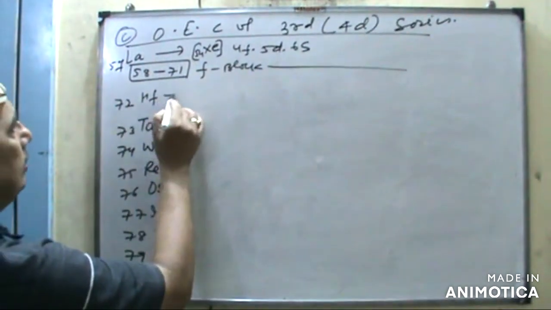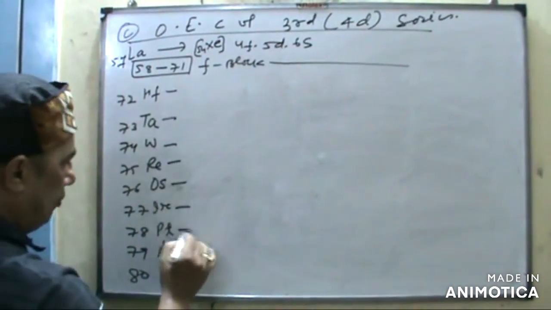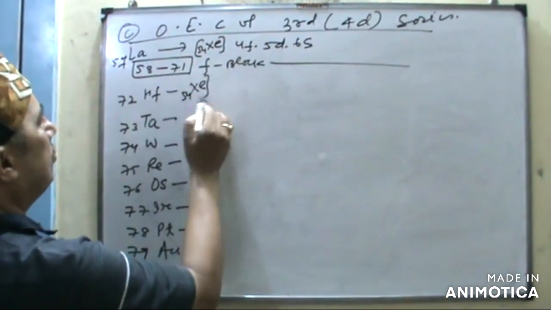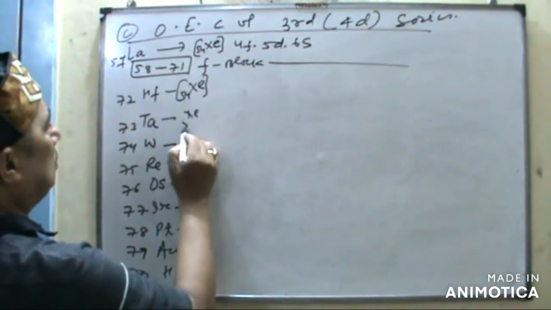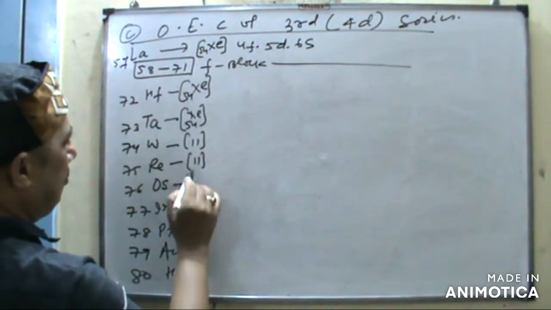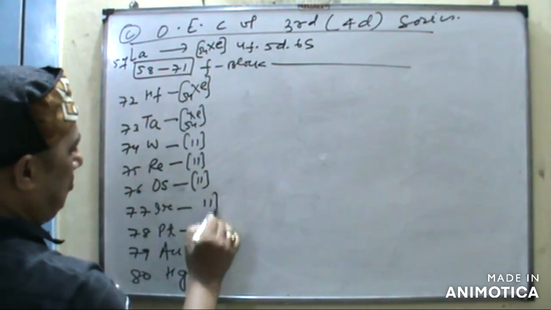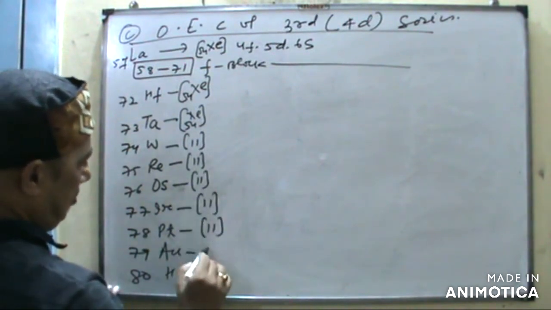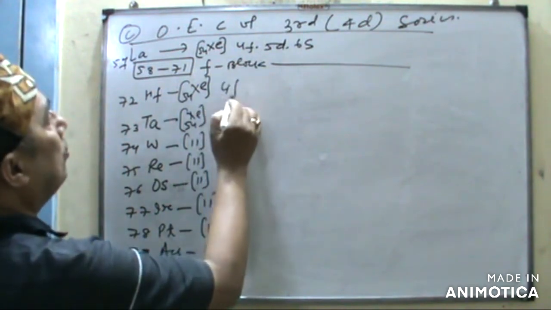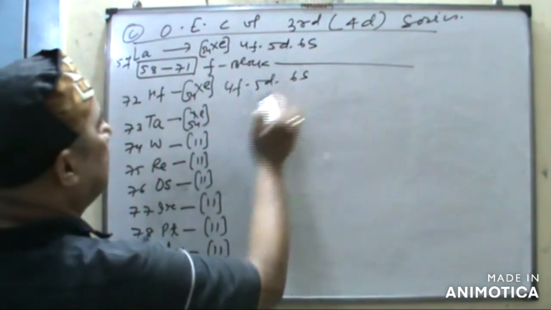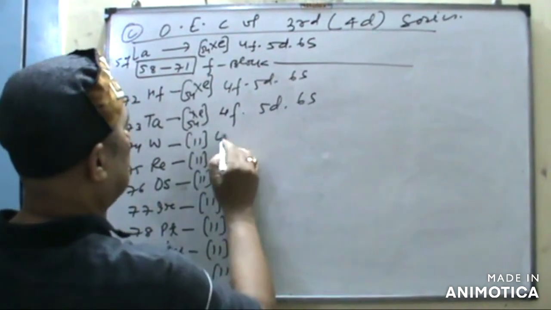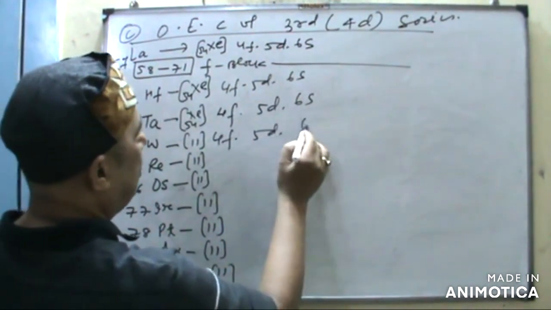And again you take the help of xenon: 4f, 5d and 6s, 4f, 5d and 6s.